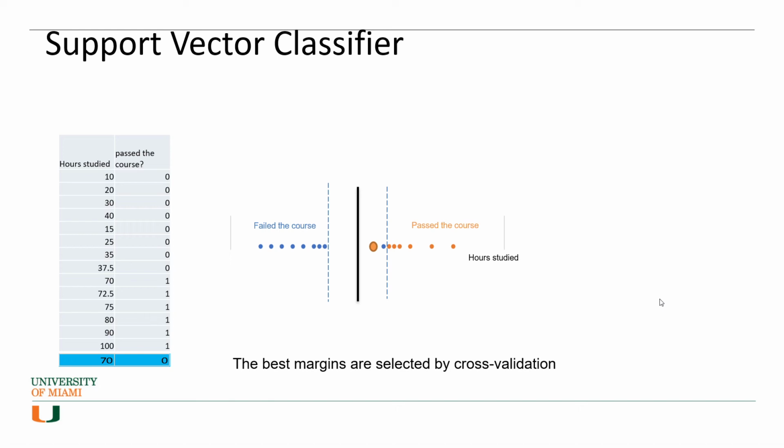But before I show you how you can actually go ahead and choose that tuning parameter, how you are basically going to find the best margins based on cross-validation, let me show you the mathematical optimization problem for support vector classifier, and then it would make it much easier to understand what the tuning parameter is and how the cross-validation works.